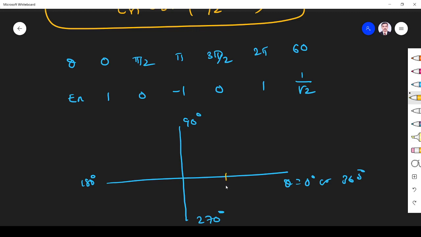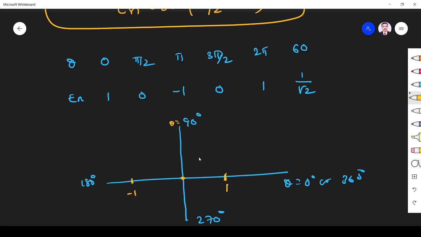So this is En, maximum value 1. When theta is pi by 2, it is 0. When theta is equal to 180, it is minus 1. When theta is equal to 3 pi by 2, 270, it is again 0.